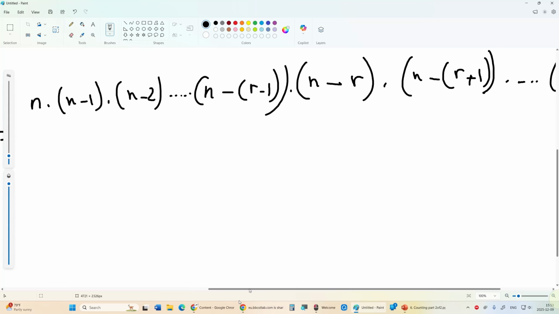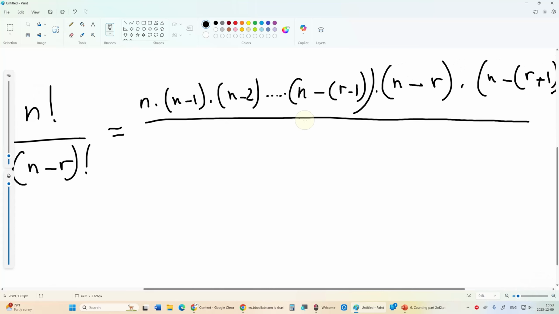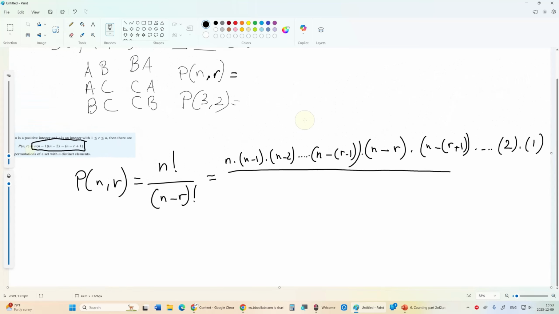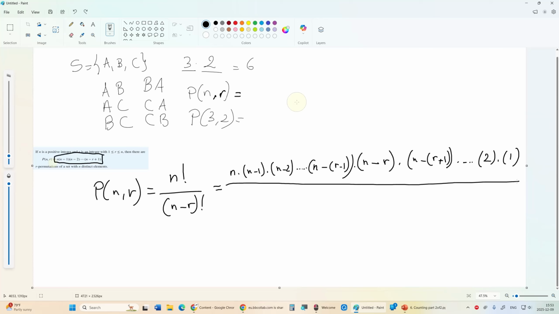Now what am I using this r for? Because I would like to show that I'm going to need that. Let me zoom out so I can see everything. All right, so now this whole thing is the numerator.